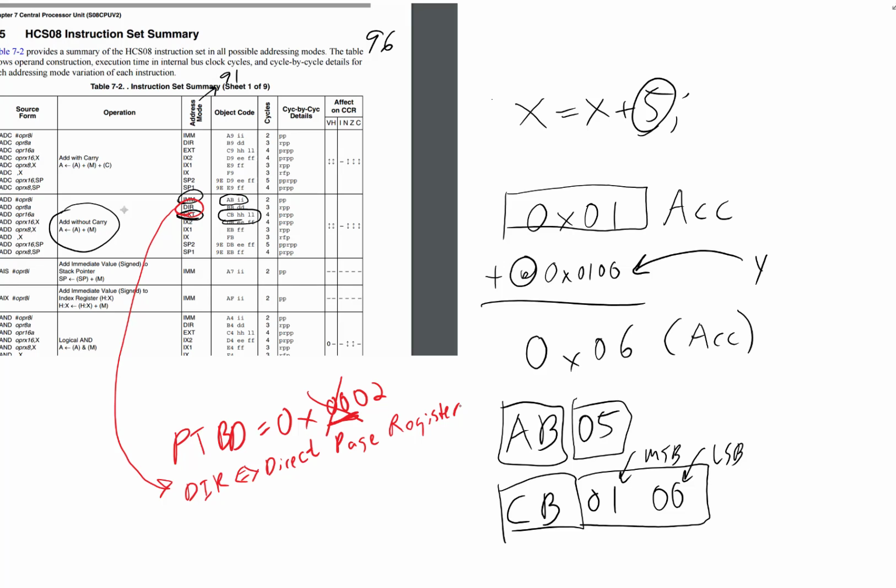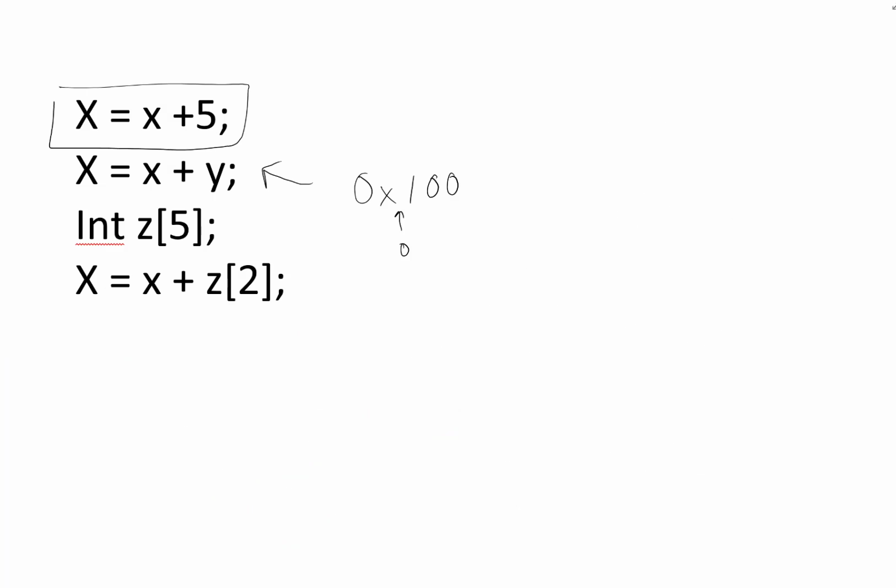We can't access 0100 because that is a 16-bit address. There's no way to get at it with just 1. But if I want to get port BD and add that to the accumulator, then it would just look like this, where this is BB, this is the operation that we're going to do. We're going to add to the accumulator in direct mode, and then the 02 tells it to go to that port BD location.